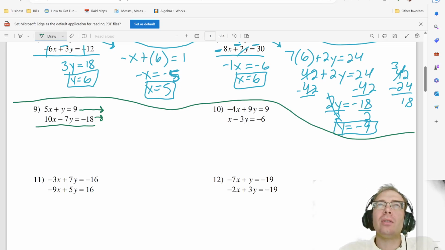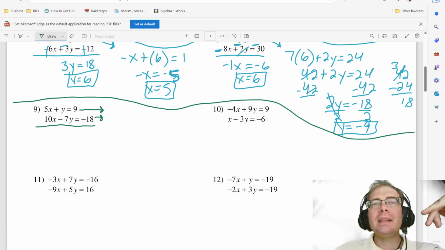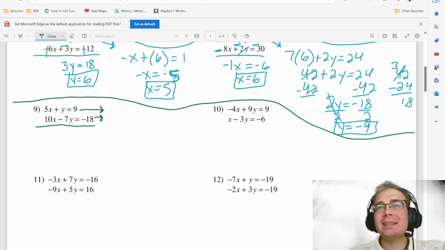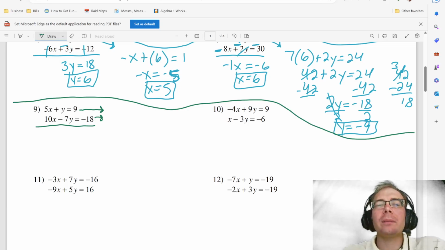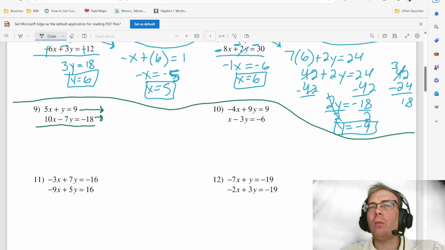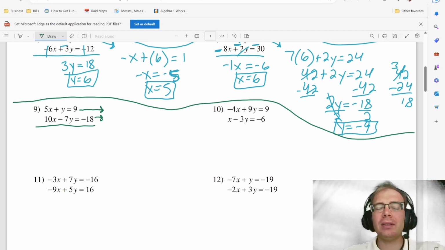Basically, the leading number of the other equation. Okay, that's the simplest thing to do. Is that the best way to do it? Not usually, but it's the simplest because it always works. It's a method that always works. And then, of course, make sure that one of them is negative and one of them is positive. You got to have them be opposites of each other.